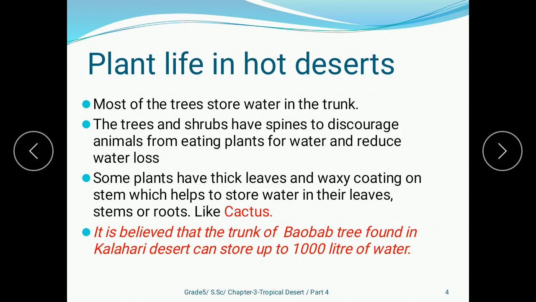Another example is the baobab tree. It is believed that the trunk of the baobab tree found in the Kalahari desert can store up to 1000 liters of water. See, these are all plants which have the capacity to store water.